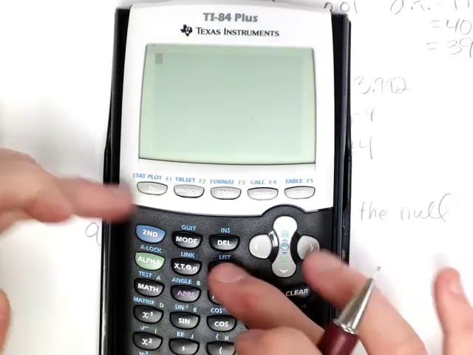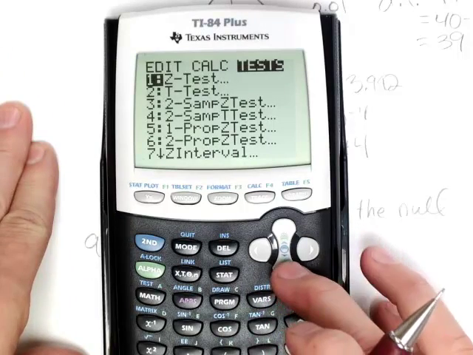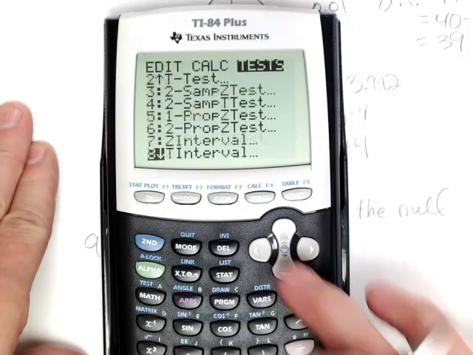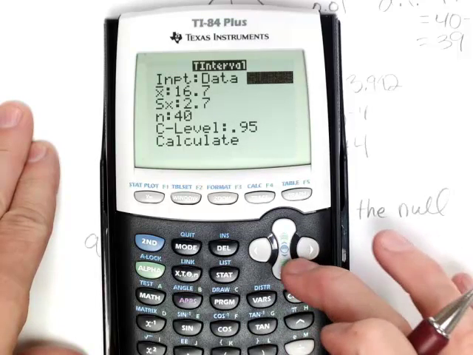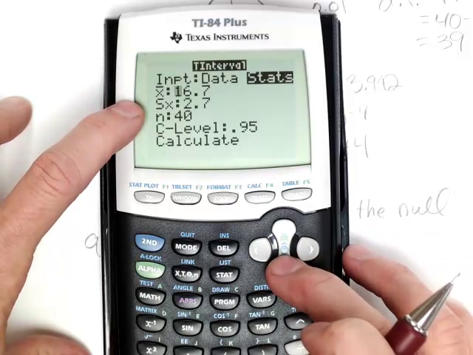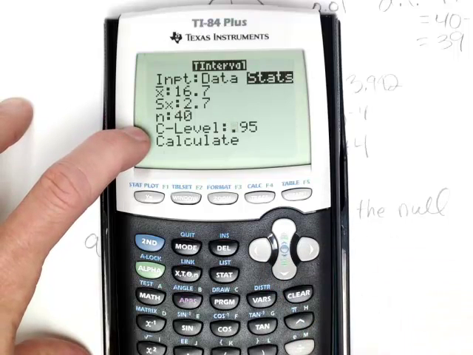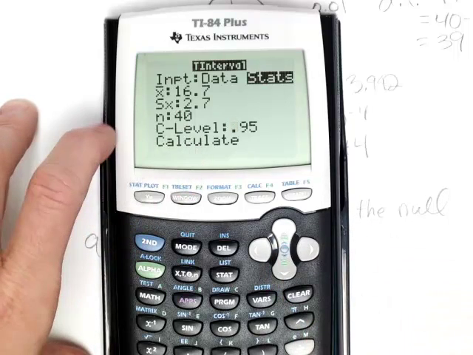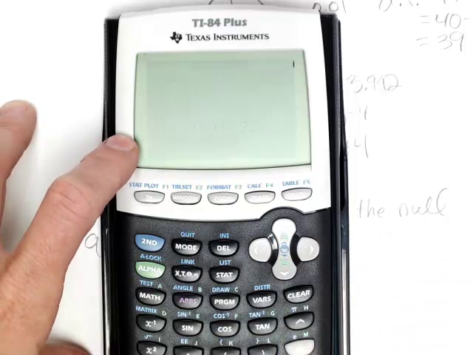Okay, so I'm going to Stat, then Tests, then I want to scroll down to the t interval. Again, I have summary stats. What's really nice is that it kept the information that I inputted for the hypothesis test, but I do need to change my level of confidence to 0.99. Okay, so calculate.